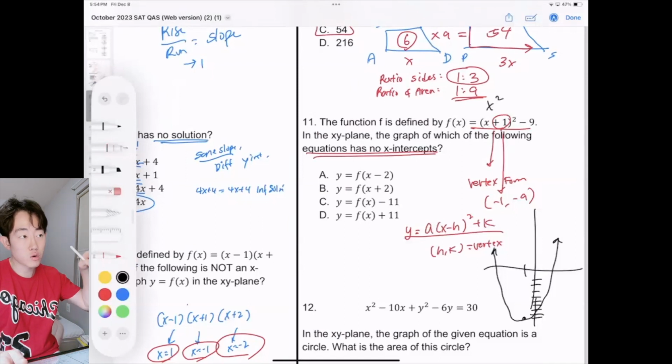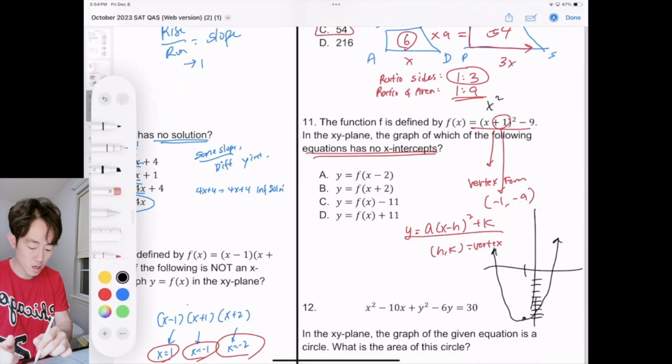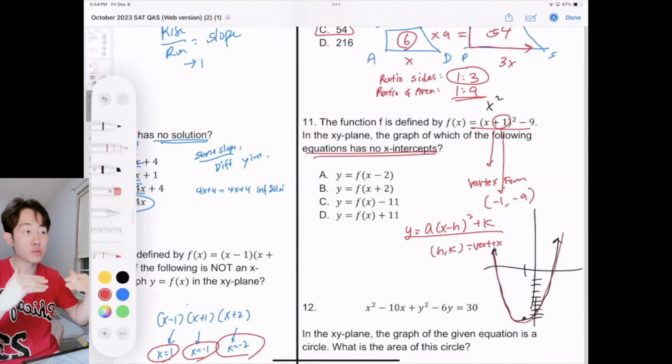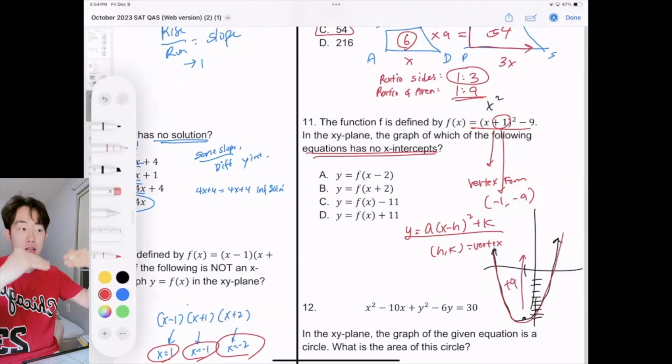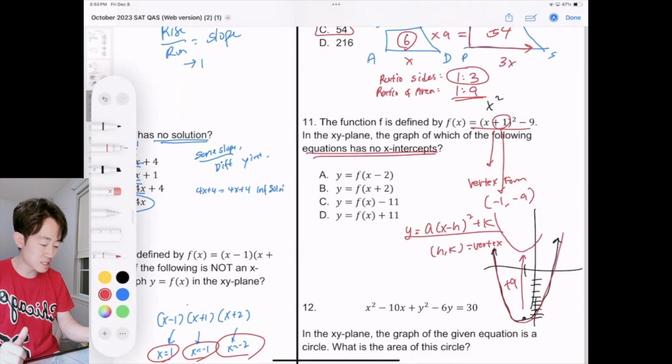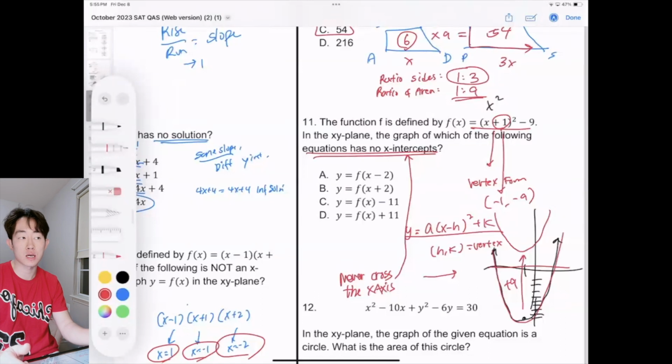When you have a quadratic graph that looks like this, and I want to make sure I have no x-intercepts, it means that literally this entire graph has to be shifted up by more than 9. Because if you shift this graph up by more than 9, now what you're going to get is something that looks like this, which will never cross the x-axis. And that's what we want when we want to say having no x-intercepts.